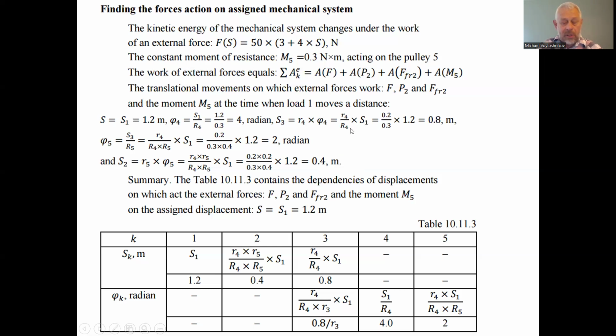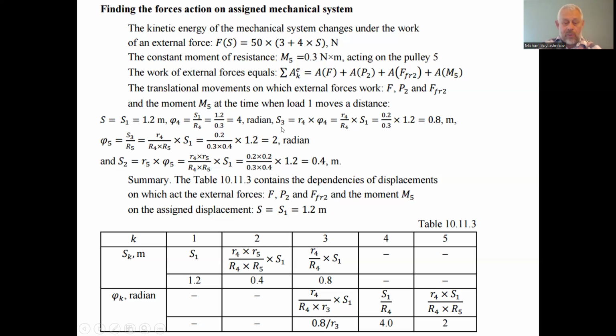So the translation motion is equal to phi 4, the angle of rotation in radians, multiplied by the internal radius R of the fourth pulley. We can just use this proportion of the radii, and we find it as 0.8 meter.